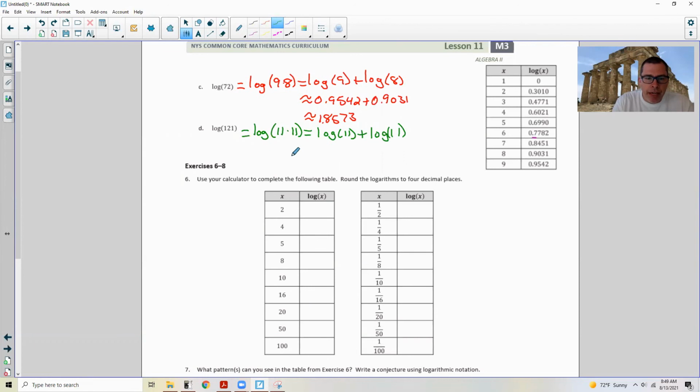Or we could think of that as this. I'll say, or the log of 11 squared, which equals 2 log 11.